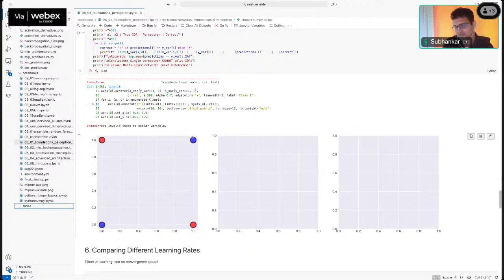So red color tells you that it is 1, blue color tells you that it is 0. If you see, there does not exist a line which can do it. Fine. But a perceptron can only do linear separation. And so then you end up with this. So the perceptron became an algorithm where you have these issues.